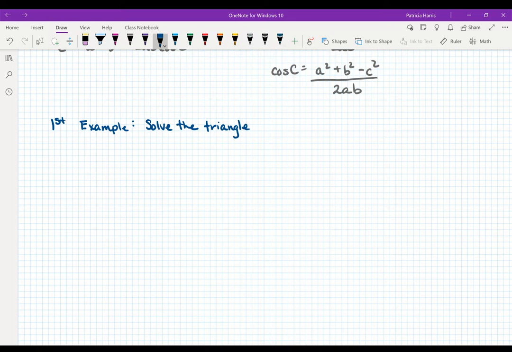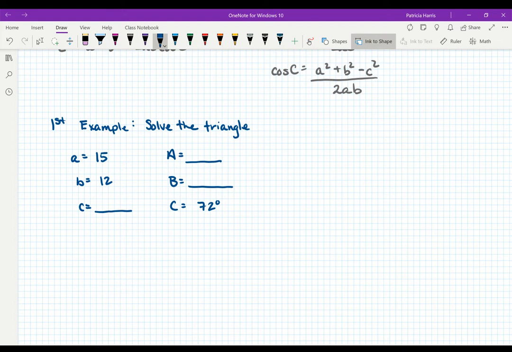So no Pythagoras, no SOHCAHTOA, but you still do know that the angles of the triangle add up to 180. So we're going to do a side angle side situation. And sometimes it does help to draw a dummy triangle just so you know where things live.